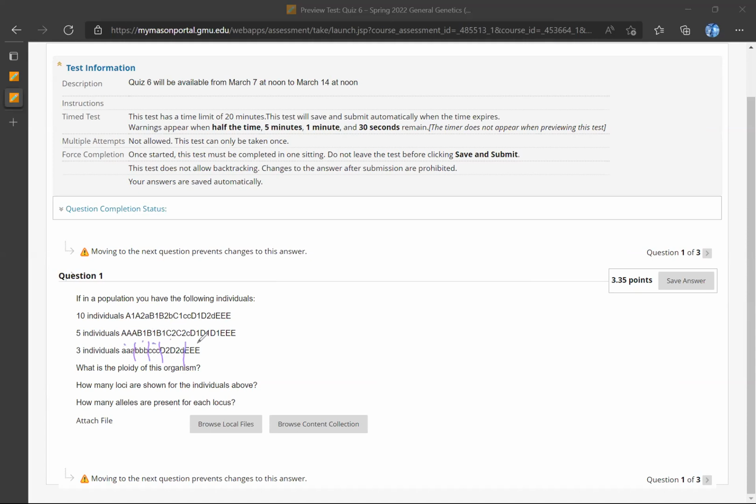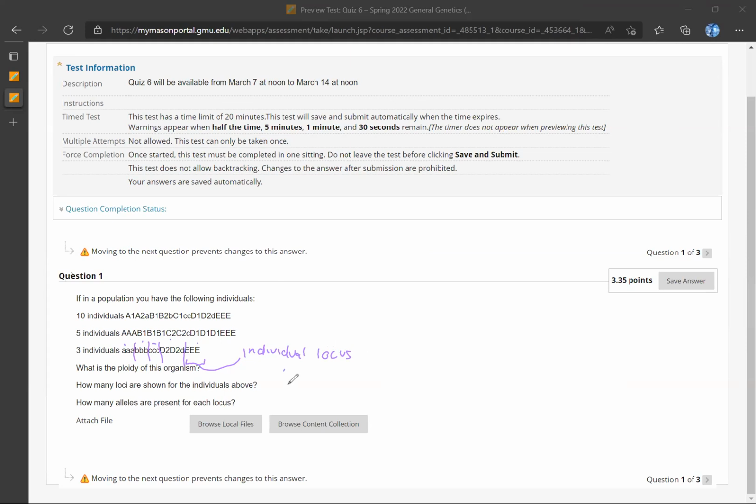So we have A, B, C, D, and E. And so that's all 5 of our genes. And so we're only looking at 5 loci since we have 5 genes spread across 5 different locations on our chromosome. And so finding the loci is as simple as that. You just have to find how many genes, or in this case, letters that you're dealing with.